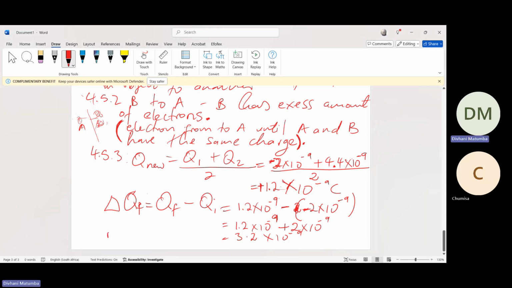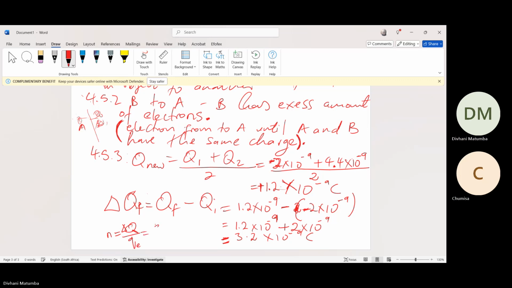However, they want us to calculate the number of electrons that were transferred. So how do we go about it? Because that's the amount of charge transferred. So how do we calculate the number? You agree?